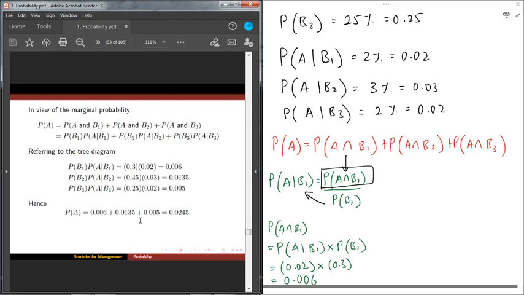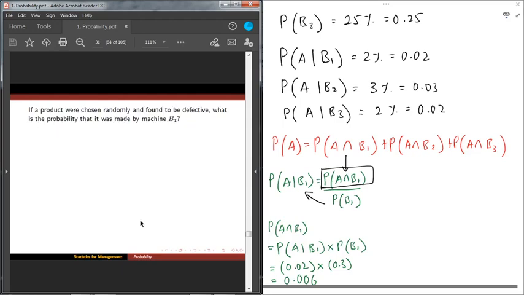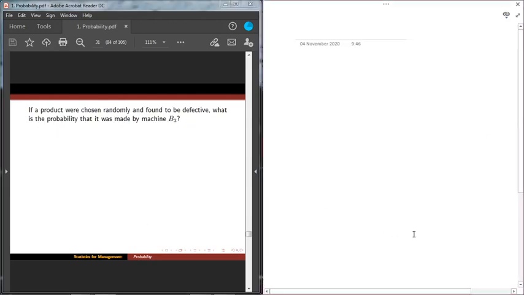Now the next question. If a product were chosen randomly and found to be defective, what is the probability that it was made by B3?